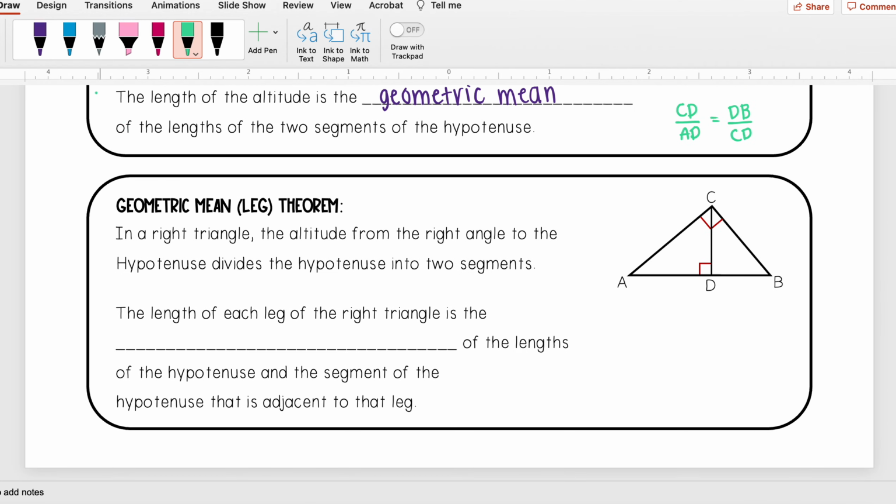Similarly, the geometric mean leg theorem tells us that in a right triangle, the altitude from the right angle to the hypotenuse divides the hypotenuse into two segments, just like we saw in that previous theorem.